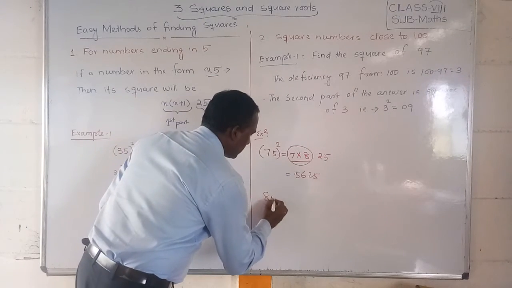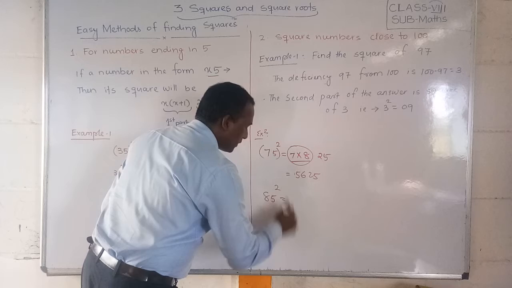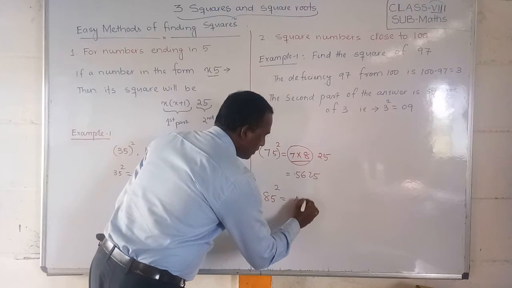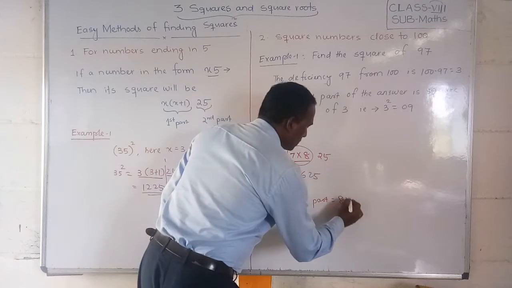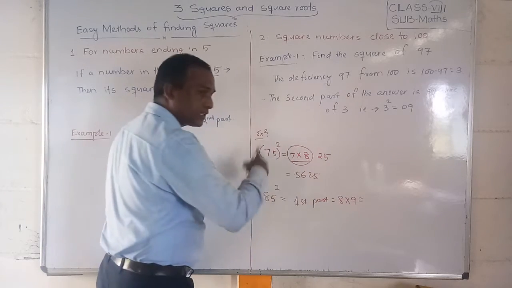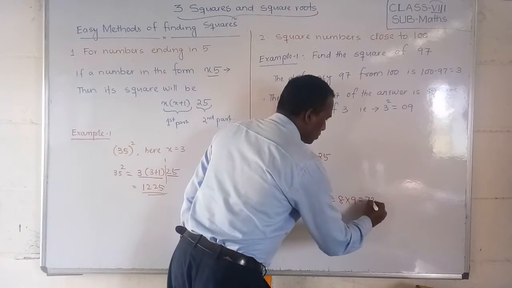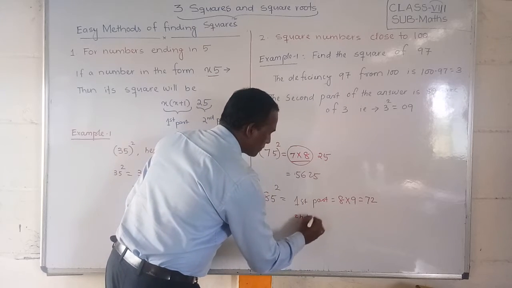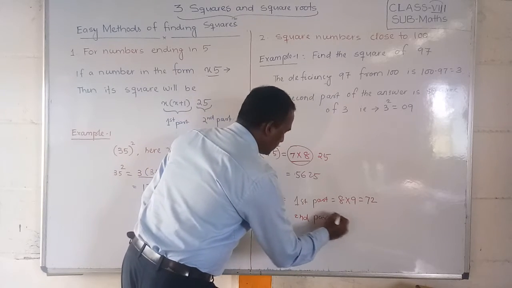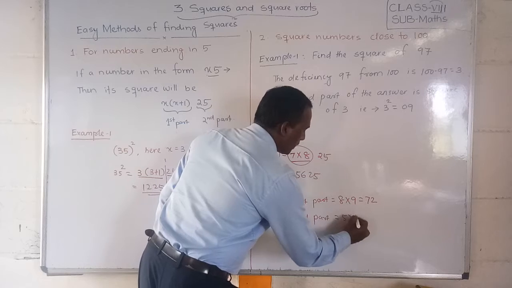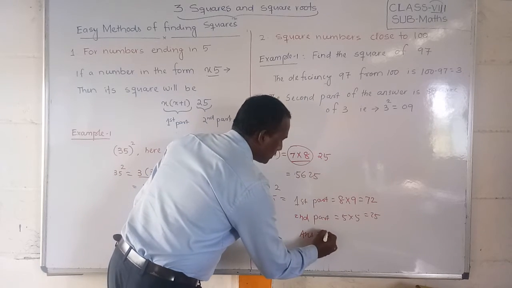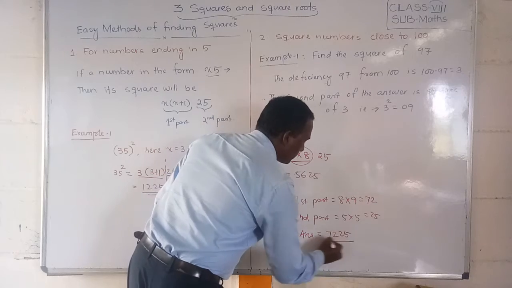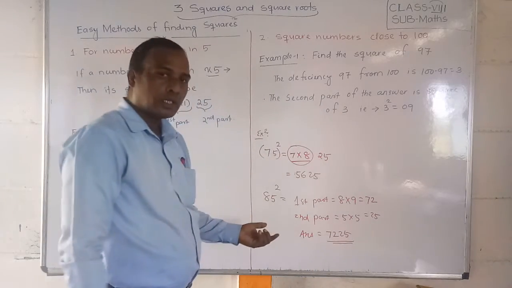Suppose 85 squared. Let me do it another way. The first part is equal to 8 into 9, because 9 is the next number. 8 into 9 is 72. The second part is 5 into 5, which is 25. So the answer is 7225.